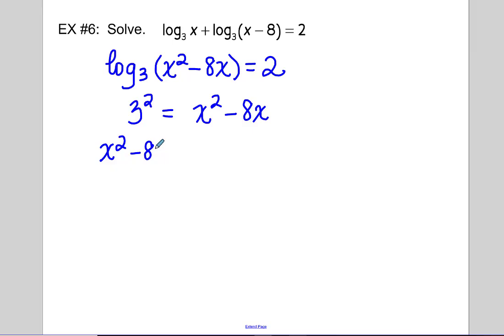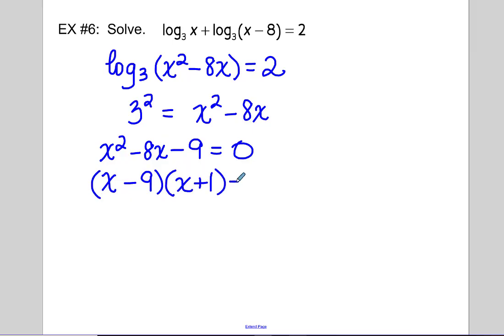And x squared minus 8x equals 9. If we subtract 9, then factors of 9 that add up to -8 are -9 and +1.